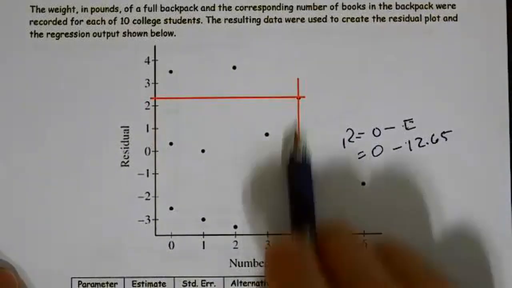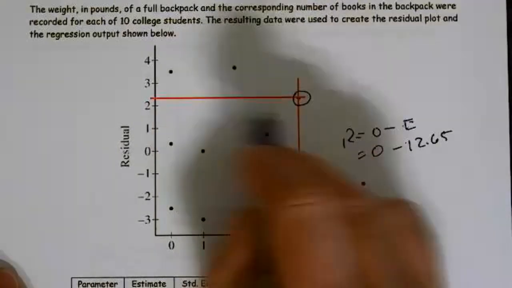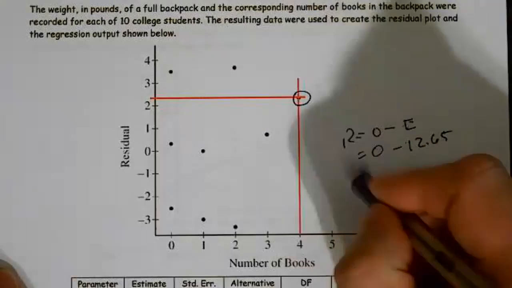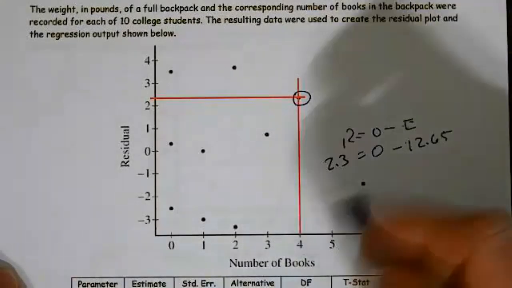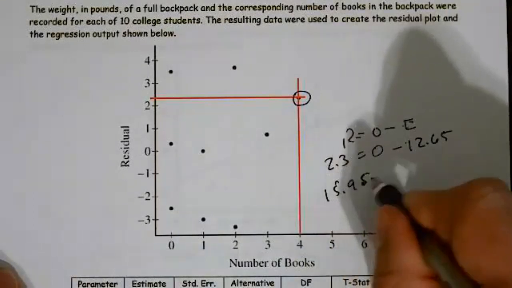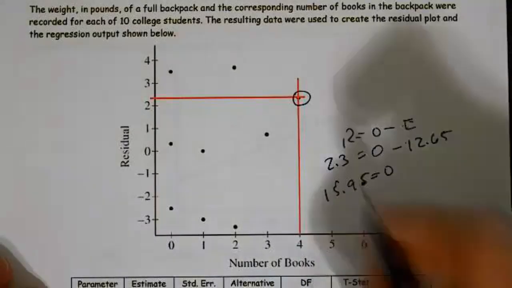We can go up to the point right here and over. I'm going to guess this is about 2.25, call it 2.3. If I add that to the other side, I end up getting 14.95.